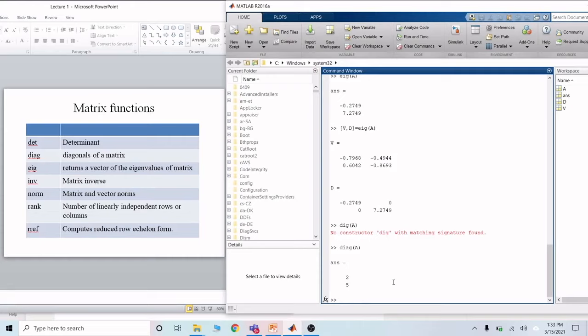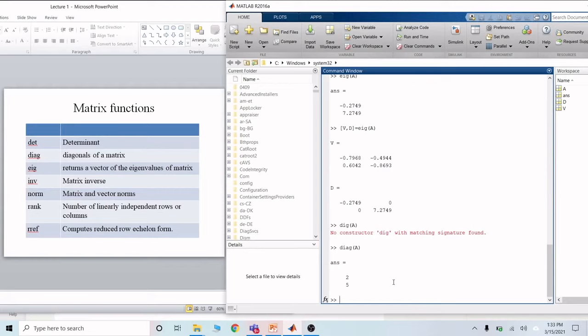This is all about the matrix. We can compute the determinant, or find the diagonal directly, eigenvalues, inverse, eigenvectors, diagonal matrix, rank.